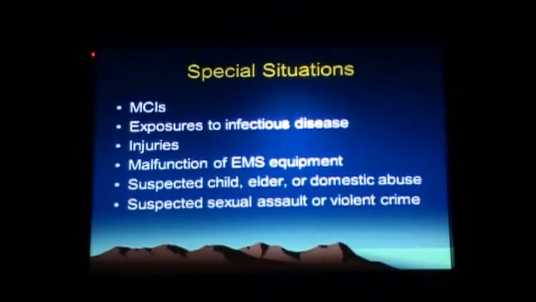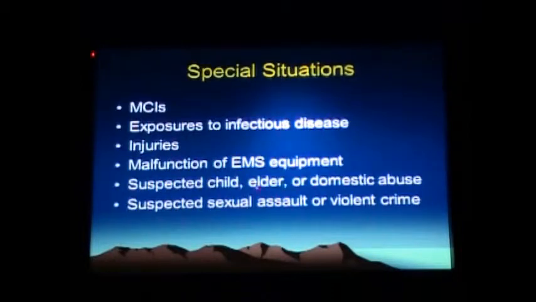We are all mandated reporters for both child and elder abuse, not domestic abuse. We need to report, and so there may be some special charting needs there. But again, be factual, non-judgmental, only the facts, ma'am, and report to the appropriate channels.